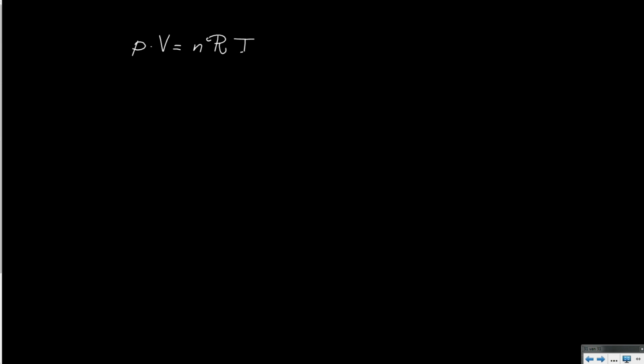It's not exactly the law that we want. We said we want to get rid of the volume and of the number of moles. So if we look at the volume, what other laws do we have with the volume? Well, the density, we know, is mass divided by volume.